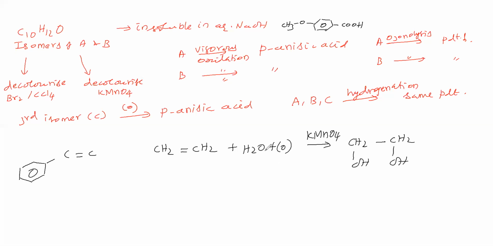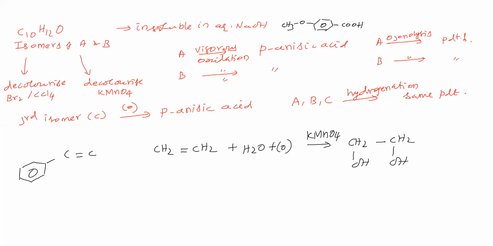Ethylene is colorless, water is colorless, KMnO4 is violet, and this glycol is colorless. Therefore, in this reaction, the KMnO4 color disappears. So this C10H12O decolorizing KMnO4 means Baeyer's reaction takes place, which means a localized C=C double bond is present.